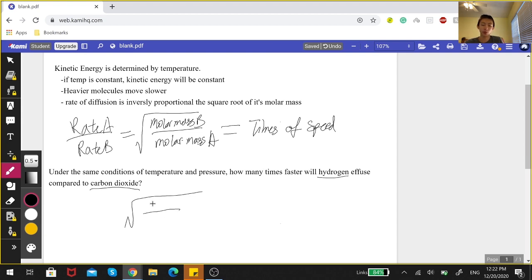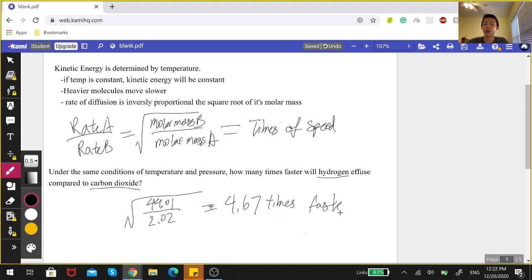The bigger number is carbon dioxide, which is 12.01 plus oxygen, 16 times 2, which is 44.01, divided by 2.02, to give us a number greater than 1. That gives us about 4.67 times faster.